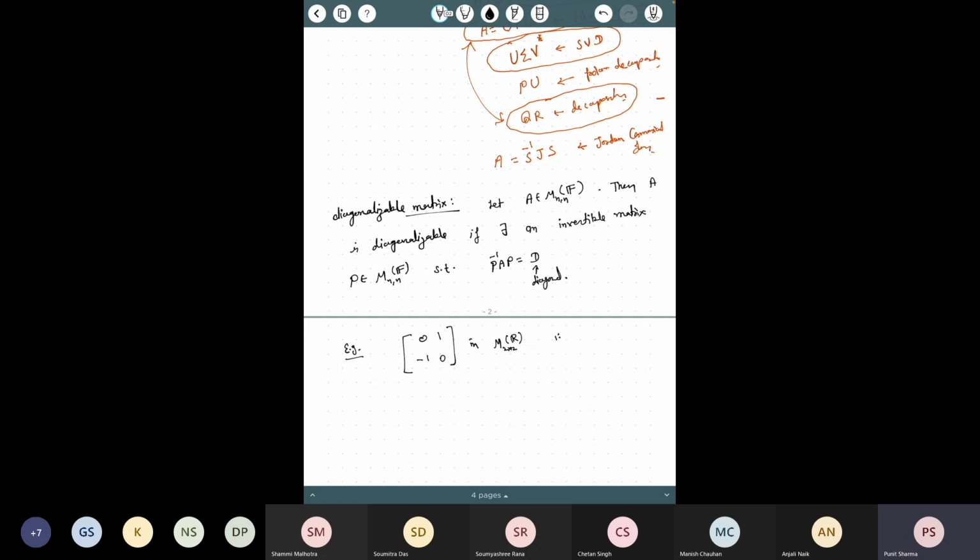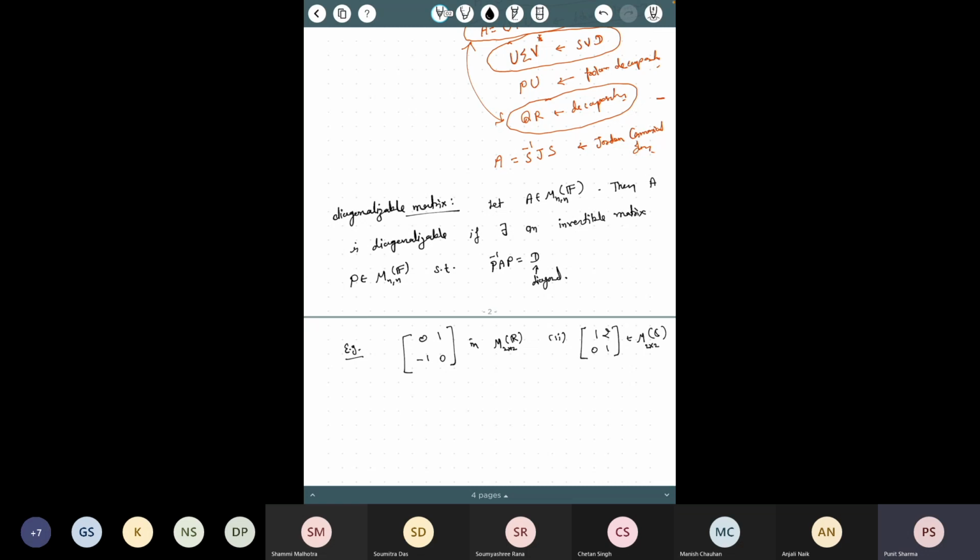Similarly, if you look at this other matrix over C, it is again not diagonalizable. There are several examples you can construct, so not every matrix is diagonalizable.